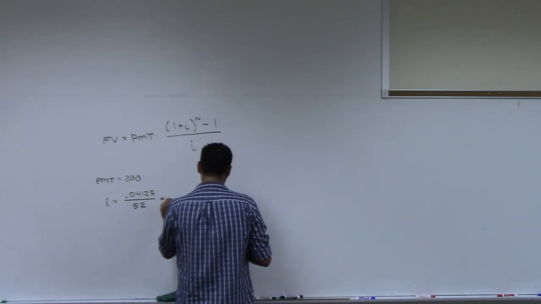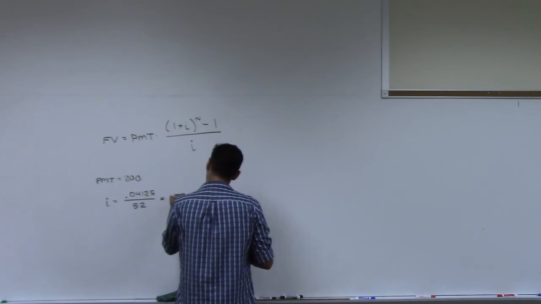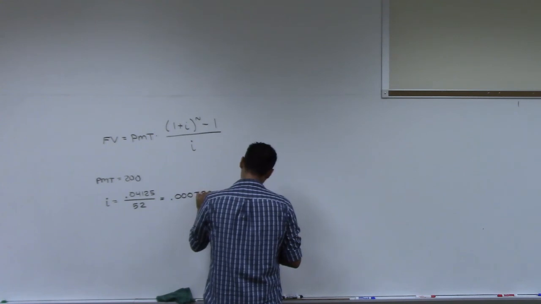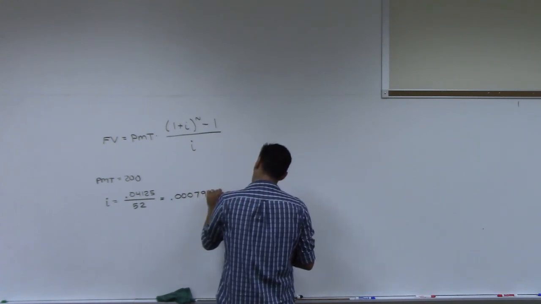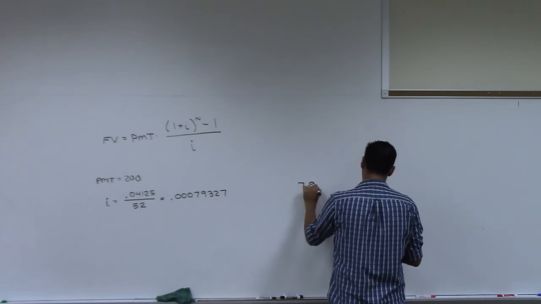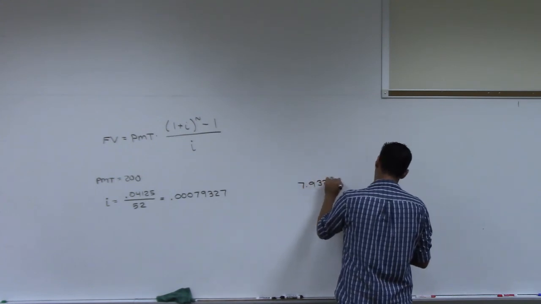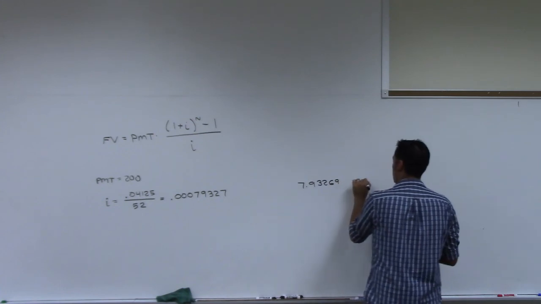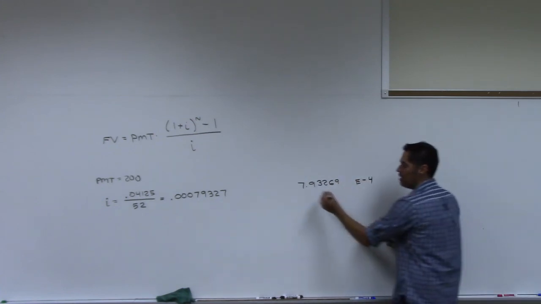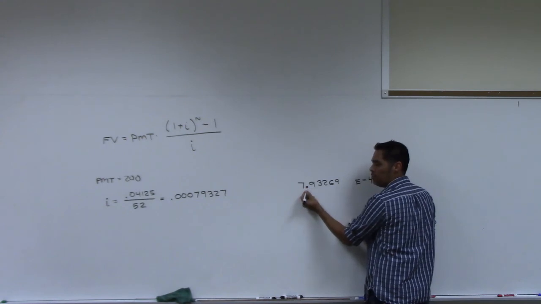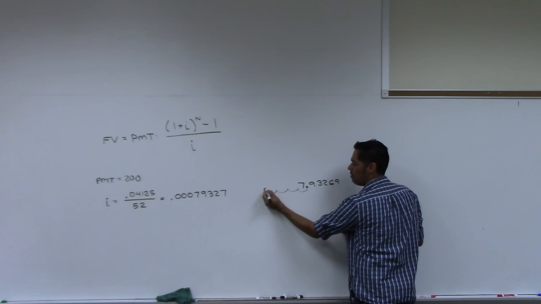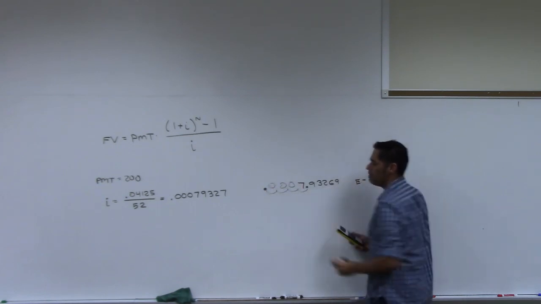I'm getting something like 0.0079327. Is anyone on their calculator getting 7.93269 something, and then at the very end it says E negative 4? What this means is you have to take that decimal place and move it 4 places to the left: 1, 2, 3, 4, which puts 3 zeros in front of that 7.